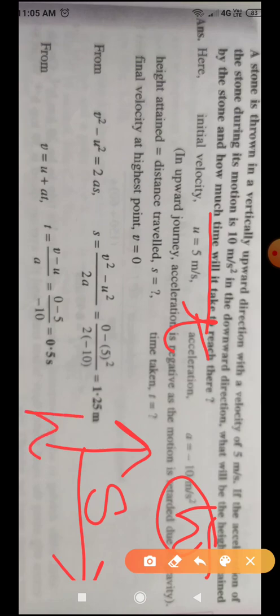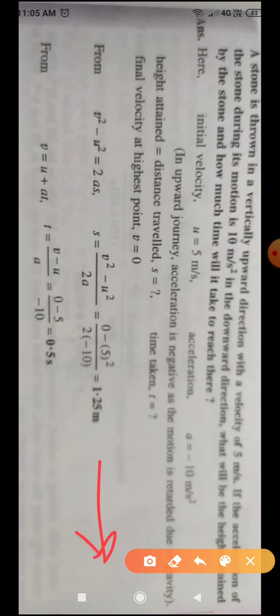If a body is moving in a linear path, it is considered as s, and when it is moving in a vertical path, this is considered as h. So s and h are the same.